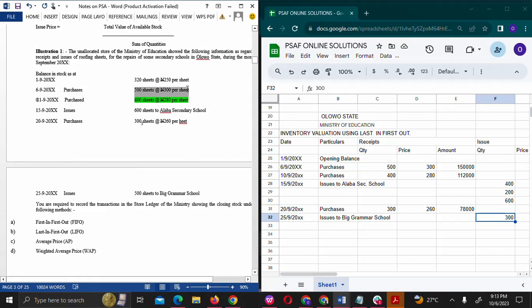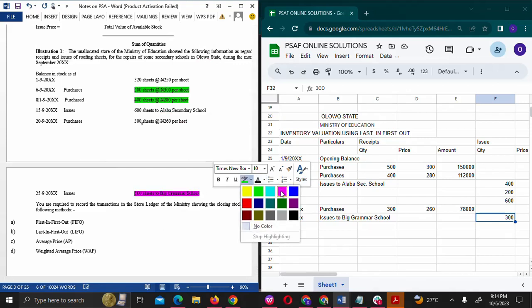Out of this 500 here, I have also issued out 200 units, right? But what I need remaining is 200 units here. Do you understand? What I need to complete 500 is 200 units.